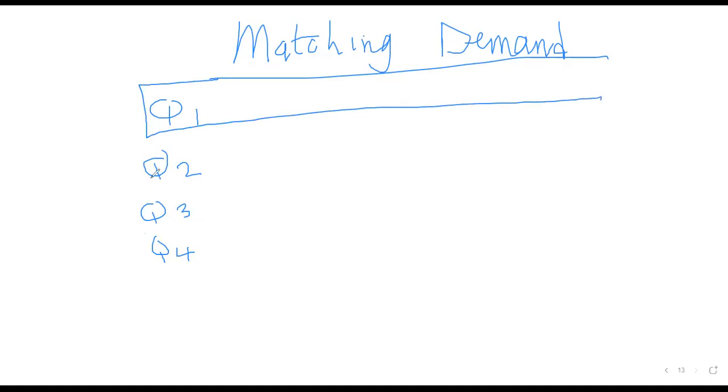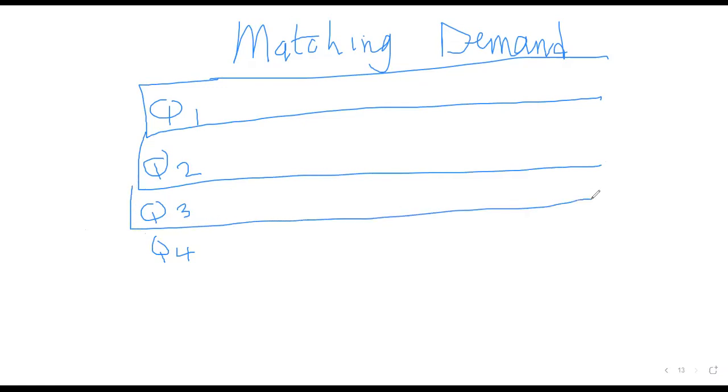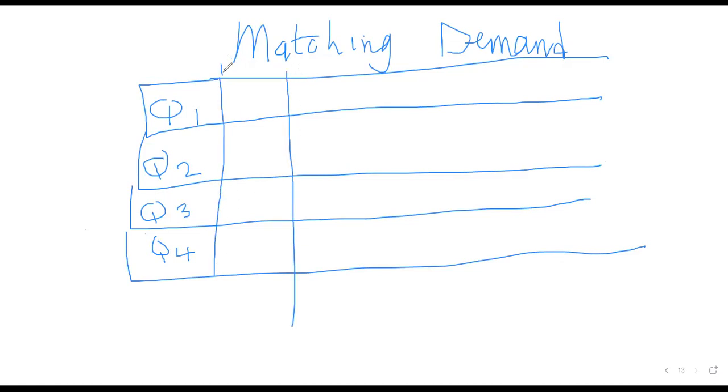So we are going to produce as per demand. Our demand here, we can go for a demand.